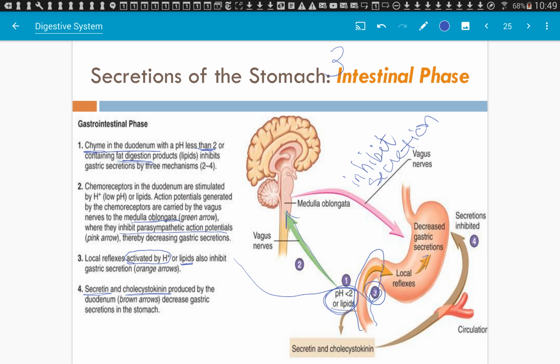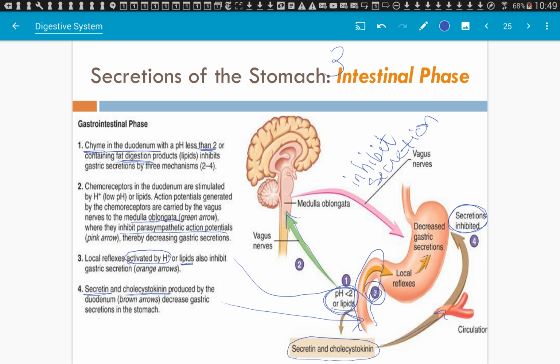Okay, and so your duodenum secretes secretin and cholecystokinin. What do those do? Well, hey, they go into the bloodstream just like gastrin does, but they have different effects. Secretin and cholecystokinin travel into the circulatory system, act on the stomach itself, and inhibit gastric secretion.